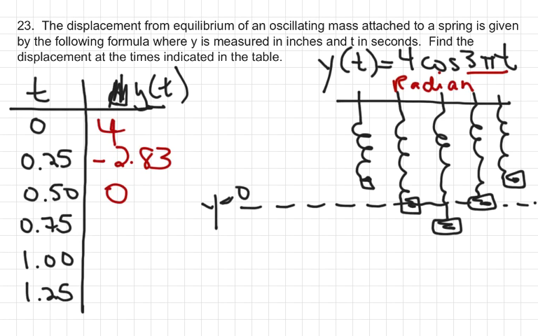At 0.75 seconds, I guess is what this is measured in, 4 times the cosine of 3 pi times 0.75 is 2.83. At 1 second, 4 times the cosine of 3 pi times 1 is negative 4. And then 4 times the cosine of 3 pi times 1.25 is 2.83 again.